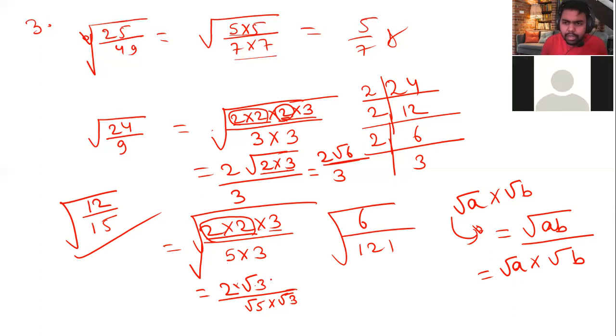So I'm going to cancel this root 3 and root 3 like this, and my answer would be 2 root 5, right? Are you understanding?